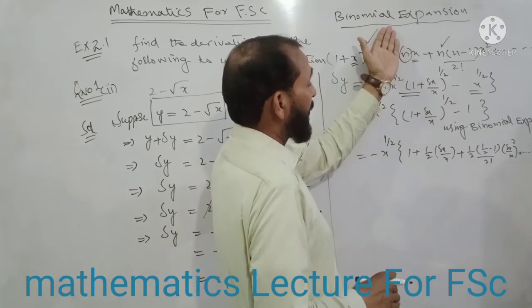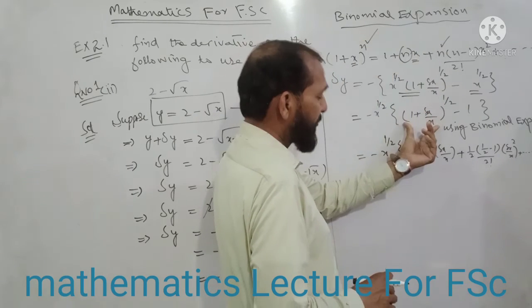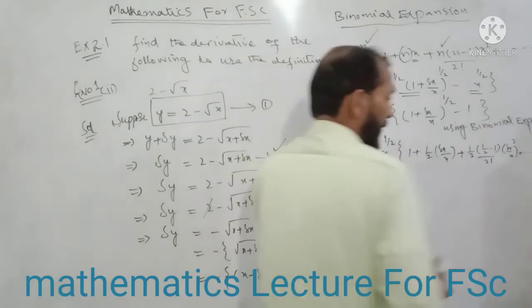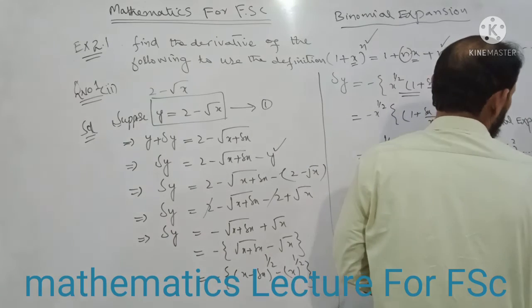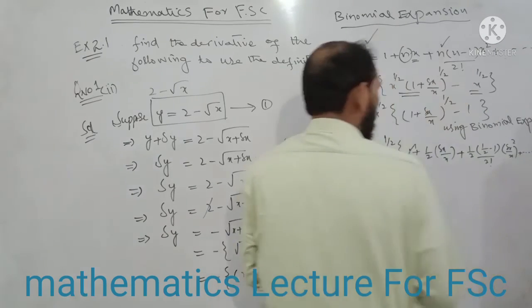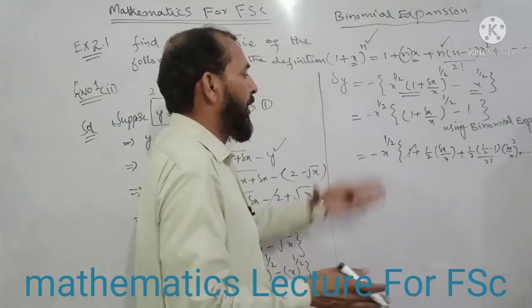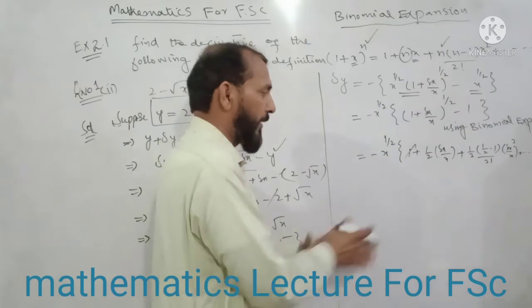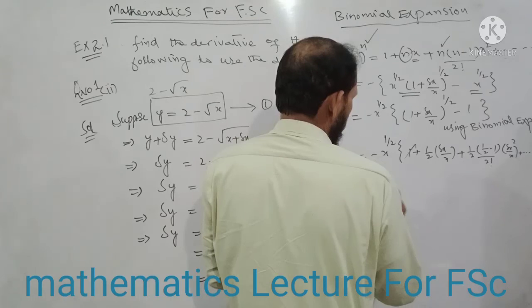We have used the binomial expansion in this form, and the negative 1 without expansion, so the negative 1 and the positive 1 cancel each other. They have the same values but opposite signs, so they cancel. Okay.